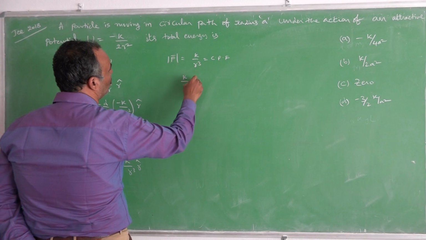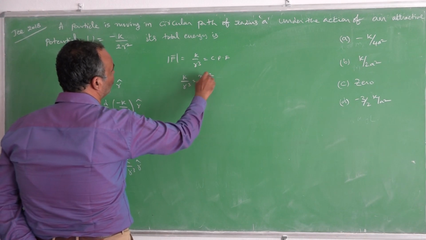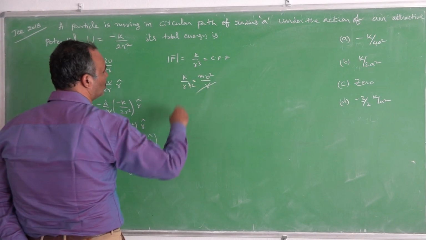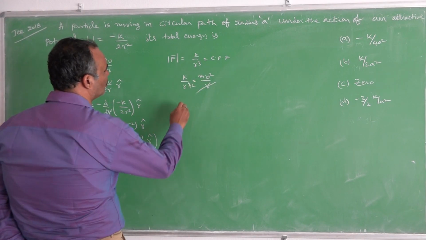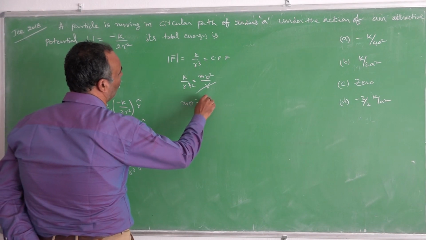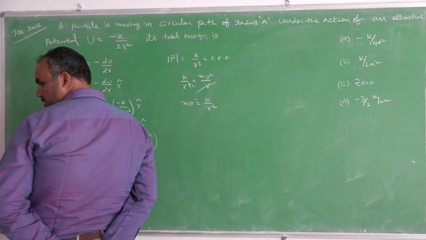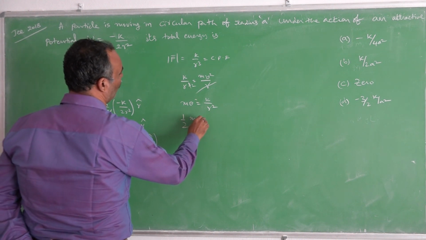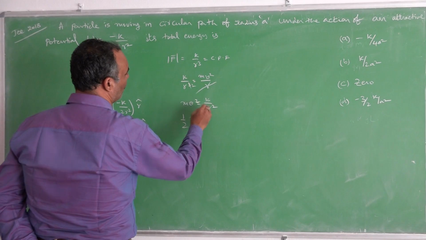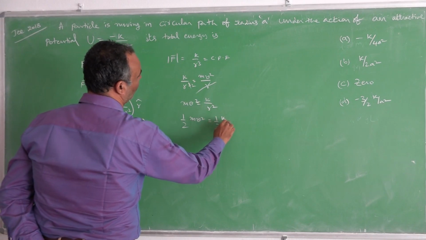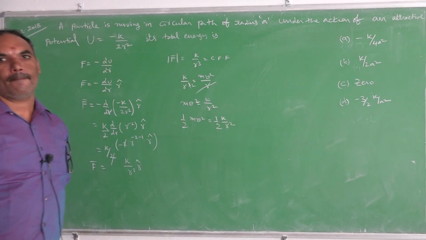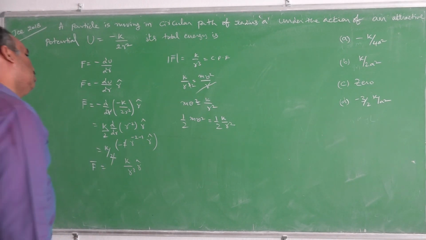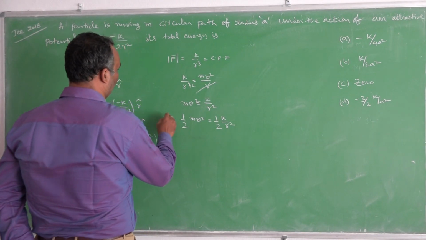So k by r cube equals the general formula of centripetal force, mv square by r. One r cancels, so mv square value is k by r square. So when you want half mv square value, it is half k by r square. This is nothing but kinetic energy.